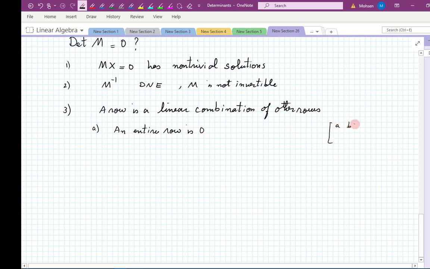Like if I have A, B, C and then 0, 0, 0 and then X, Y, Z, the determinant of such a thing, you can easily see it to be zero. Just expand it on that second row and right off the bat it of course is zero. Another easy way of detecting a determinant is zero is that two rows are identical.